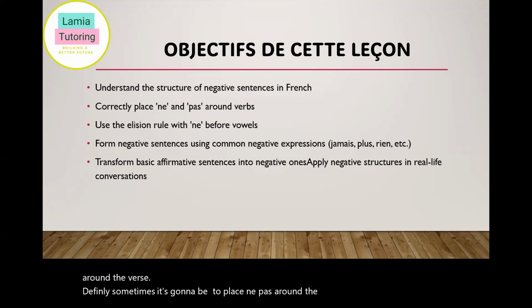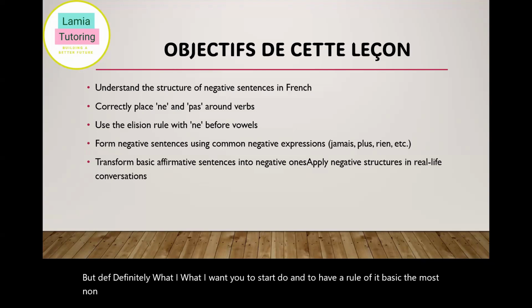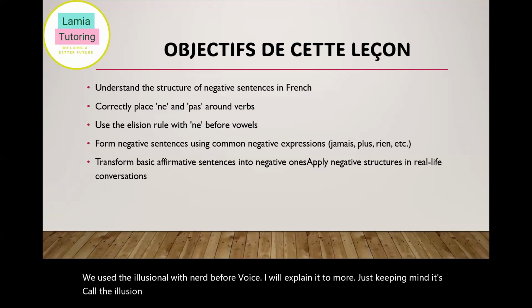But what I want you to start doing is to have a rule of it. Basically, the most known rule in this one is the elision rule. The first that I'm making is that we use the elision rule with ne before voyelle. So I will explain it more. Just keep in mind it's called the elision rule.